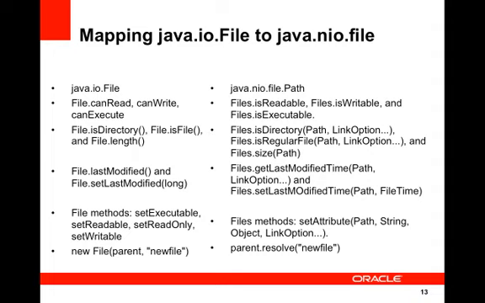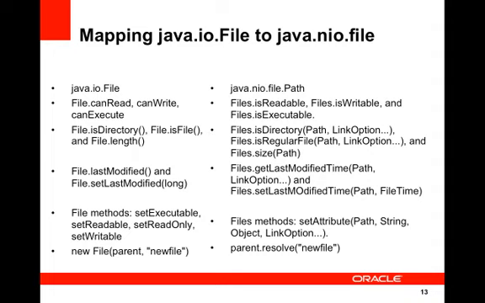We want to use Files.isReadable, Files.isWritable, Files.isExecutable. Files.isDirectory, Files.isFile, File.length changes to Files.size. In the isDirectory case, we want to pass the path in here. lastModified, setLastModified. Again, we'll get the modified time or the last modified time.